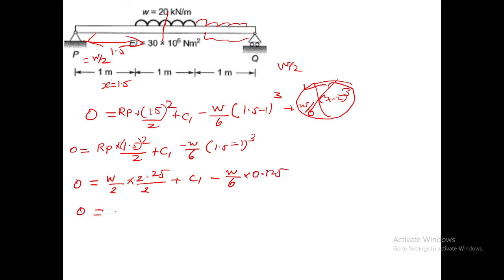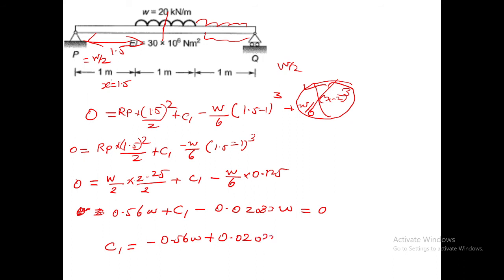Solve this one. 0 equal to 0.56 W plus C1 minus 0.02083 W. So C1 equal to minus 0.56 W plus 0.02083 W. So C1 equal to minus 0.539 W.